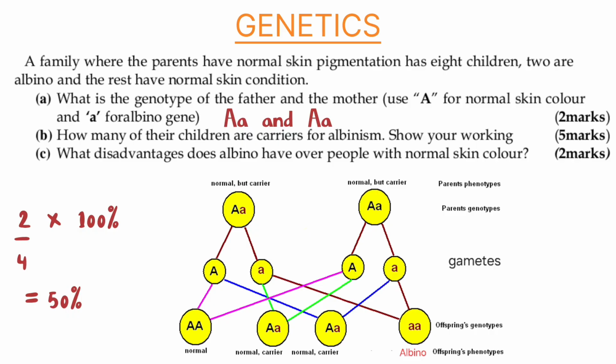Okay, so if the total number of kids that the couple actually had were 8, that means that 50% of them will be carriers. 50% equals 4 children. Now, I would like to say this. Each pregnancy is an independent event.